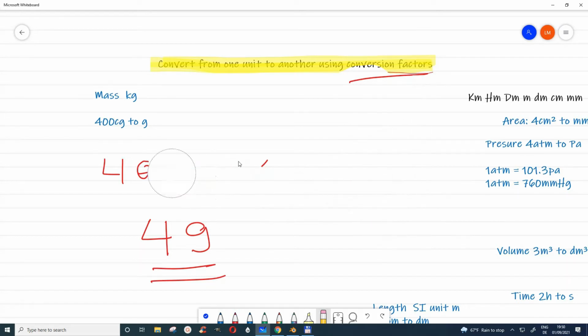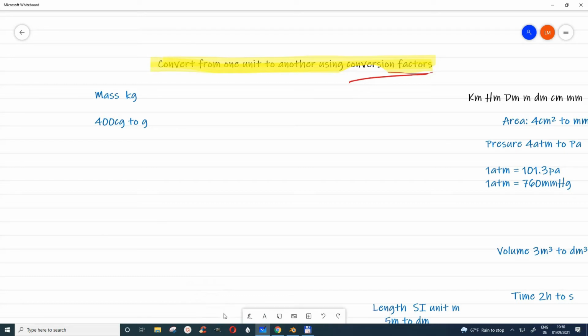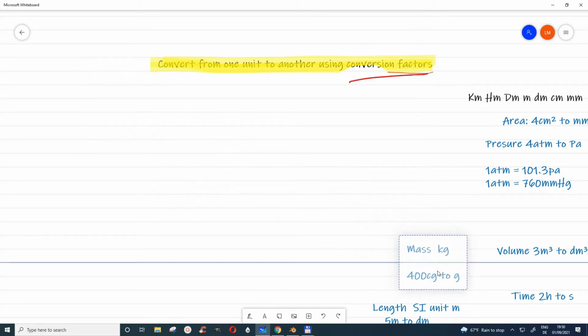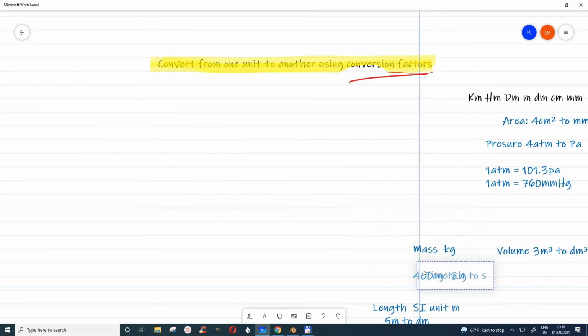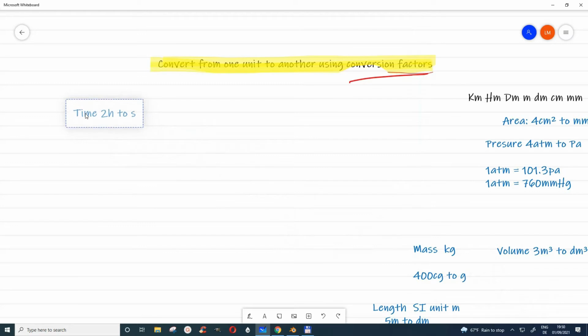Now let's look at time, in case we are given time whereby we are to convert something. I have a question here where the question says that we are to convert 2 hours to seconds.